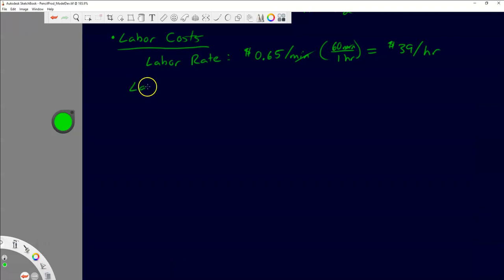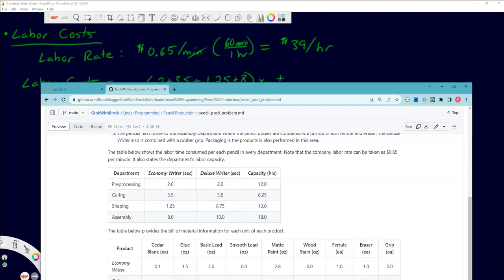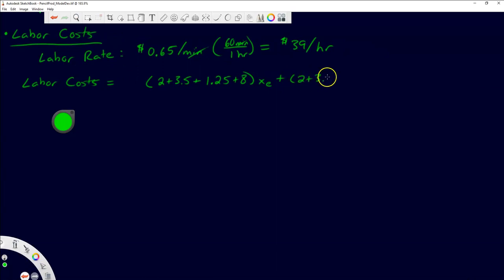So I'll say the labor cost is equal to, we'll do some work here, 2 and 3.5, 1.25 and 8, that's an X sub E, 2 and 3.5, 8.75 and 10, that's X sub D. So leaving it just the way I have now, this would be the amount of labor time in seconds for the production run, right?